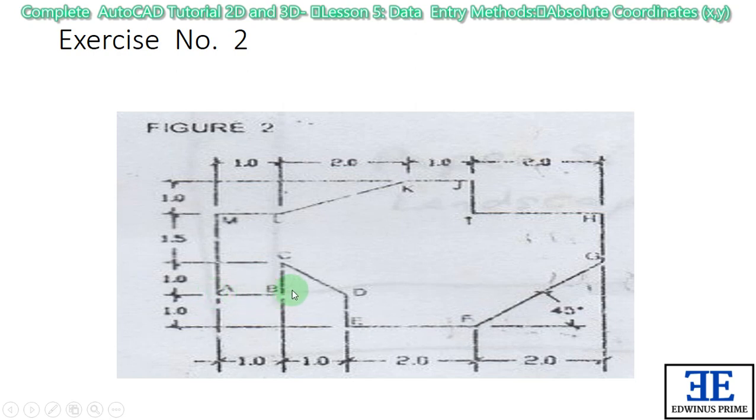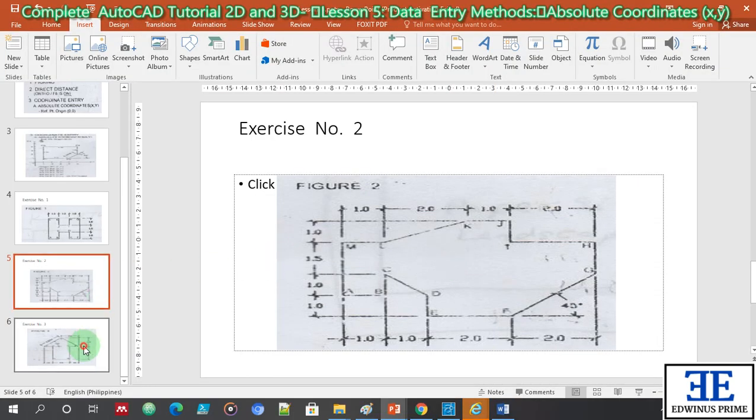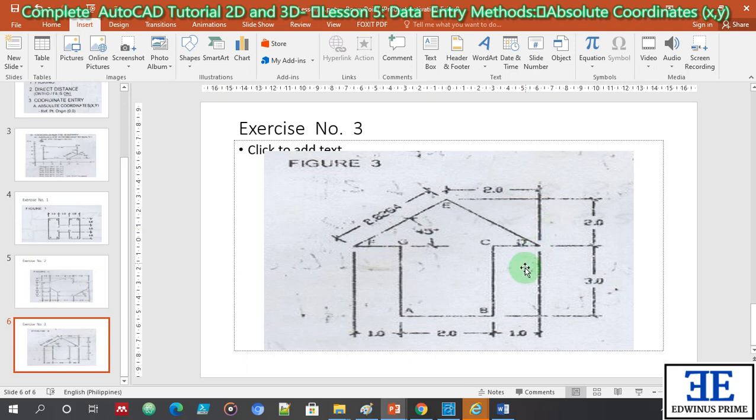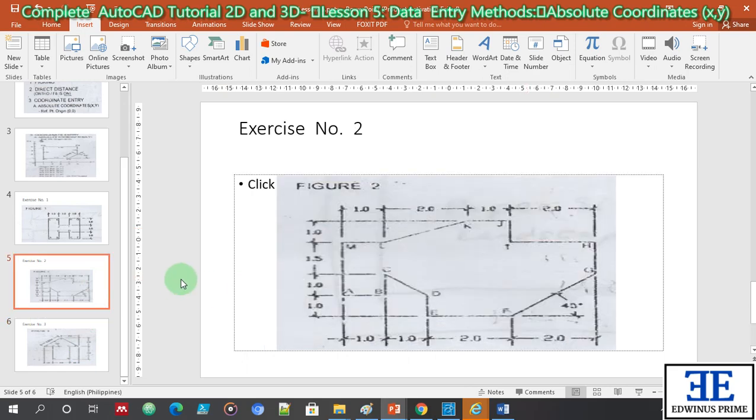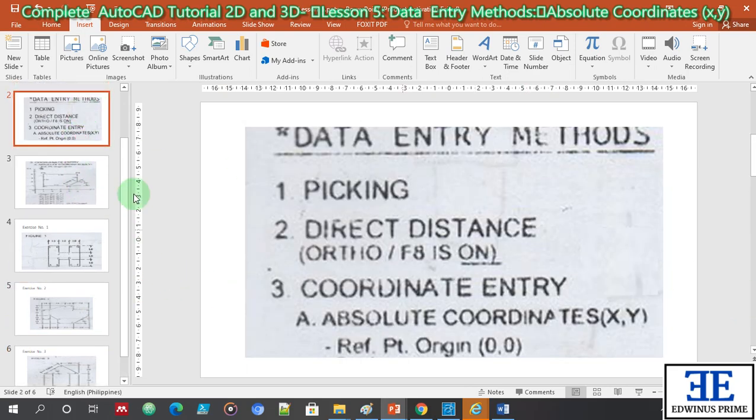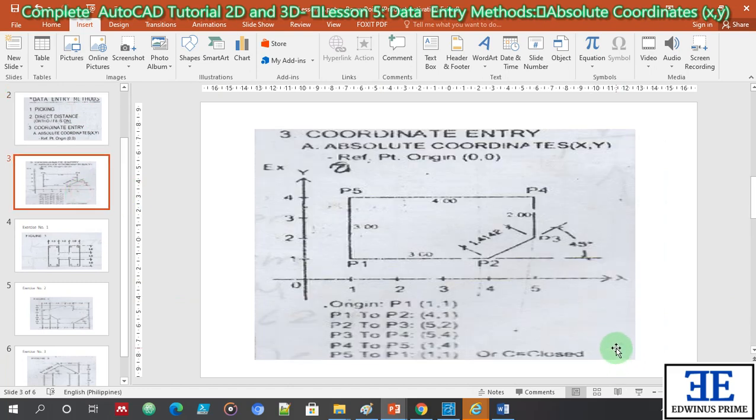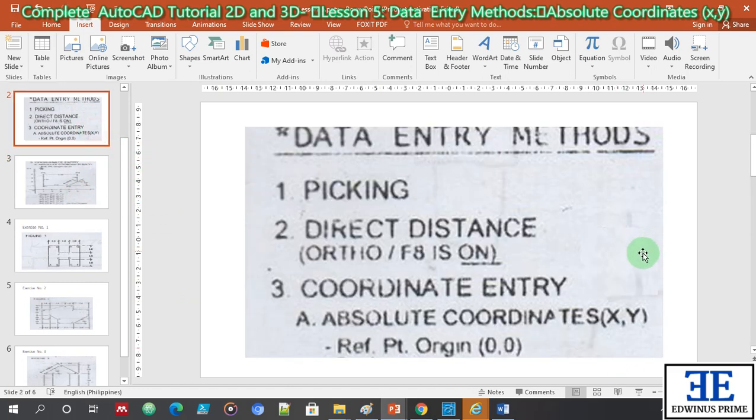It's up to you what point you will choose. Then from that, continue doing it until you have finished this figure. It's just for practice. And also this figure 3 for practice. So that is our lesson 5.